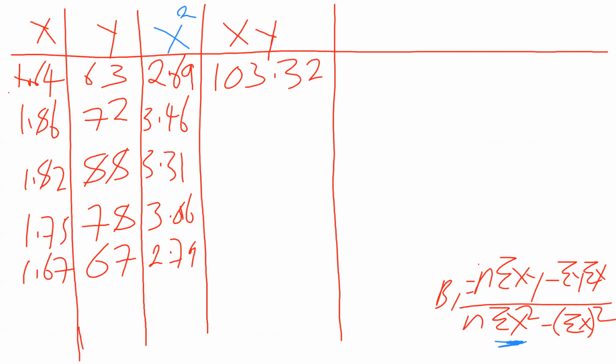What about the next one? 133.92. Next. 137.16 or 167? 160.16.